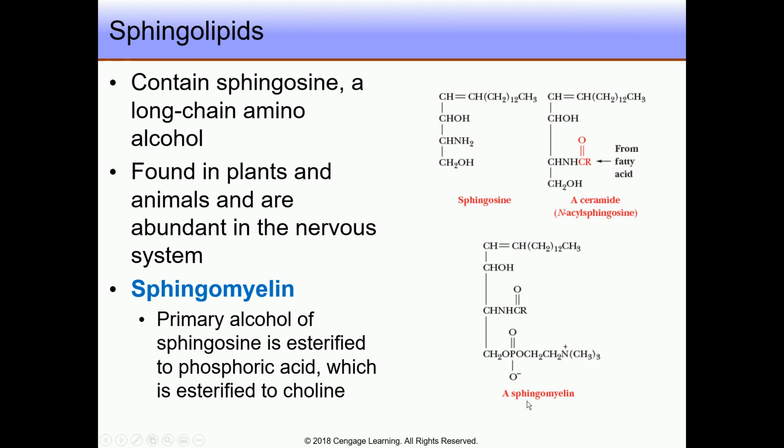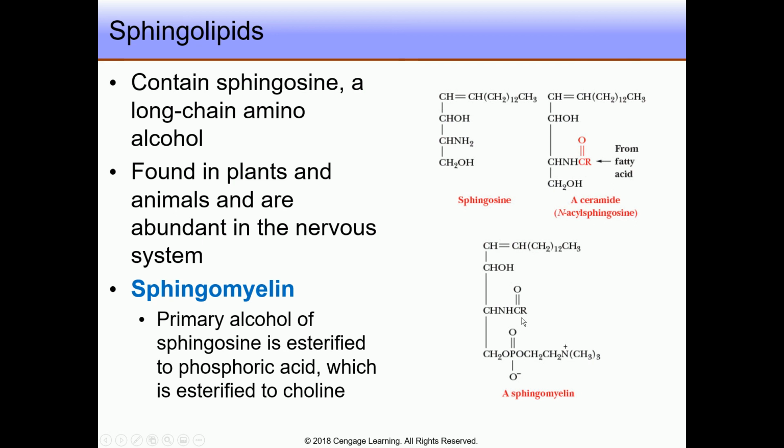And this is sphingomyelin. This is a kind of lipid which is present in our nervous system. The basic structure is the sphingosine, because this is a sphingolipid.